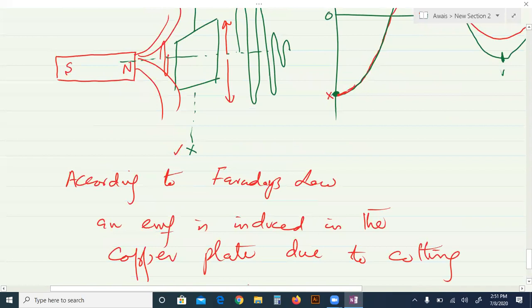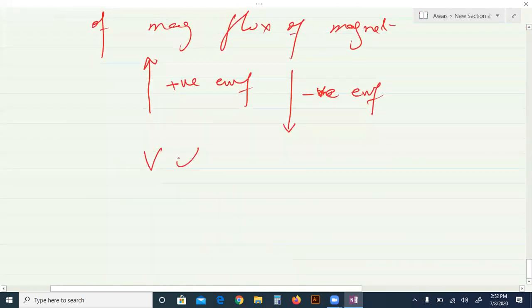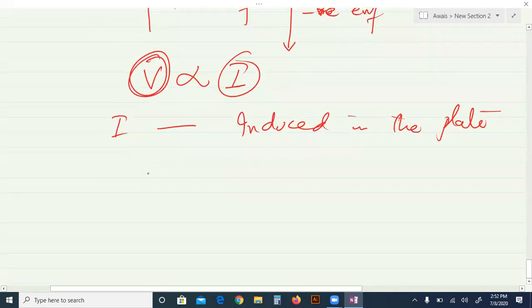Now, copper is a good conductor. It has low resistance. According to Ohm's law, V is directly proportional to I, so due to the EMF, current is induced in the copper plate. And this current is also plus and minus.